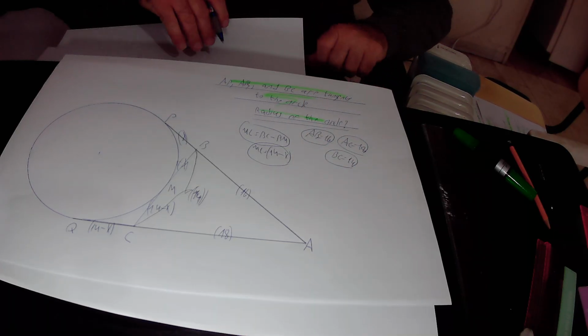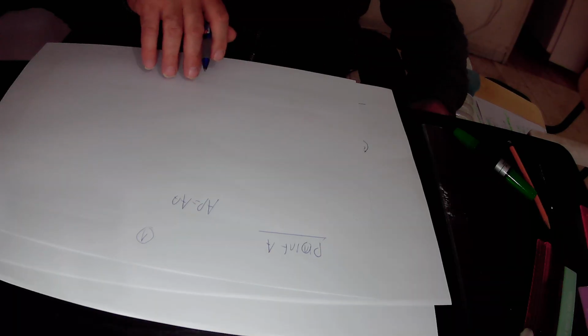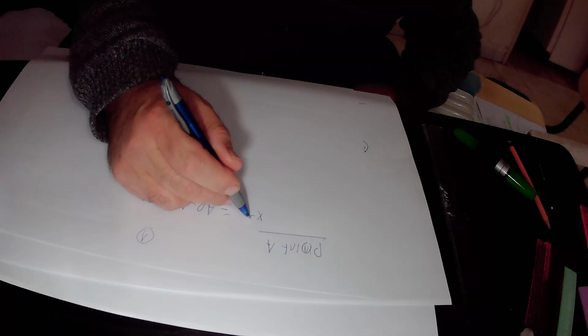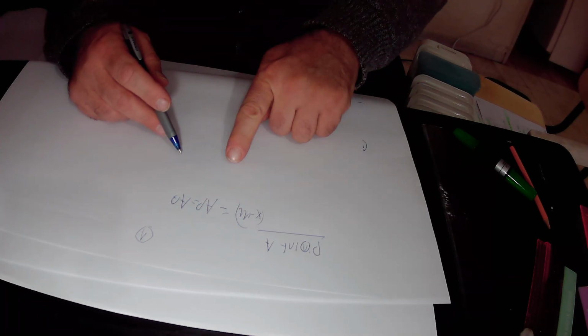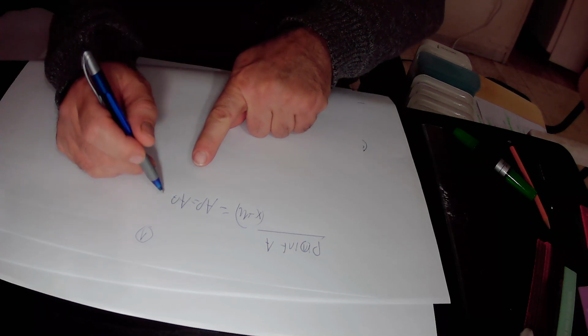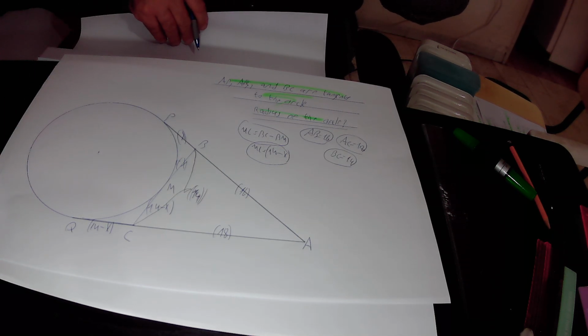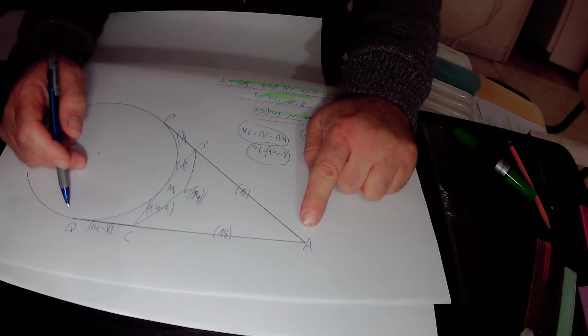For the moment, it is very easy to see that AP equals x plus 16. And it equals AQ. It is very easy to see that AQ in total equals 18 plus 14 minus x.